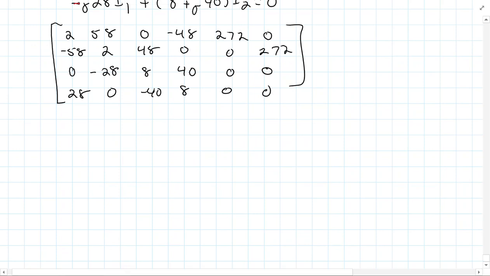Okay, and then when I did this, I got some numbers that don't necessarily look very pretty. It doesn't mean I did anything wrong, although there is a chance I made an arithmetic mistake somewhere.